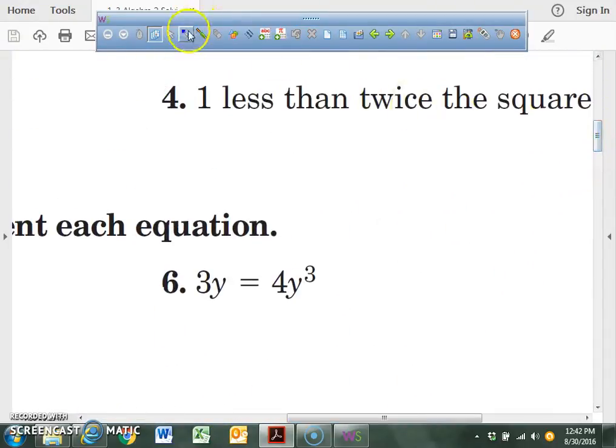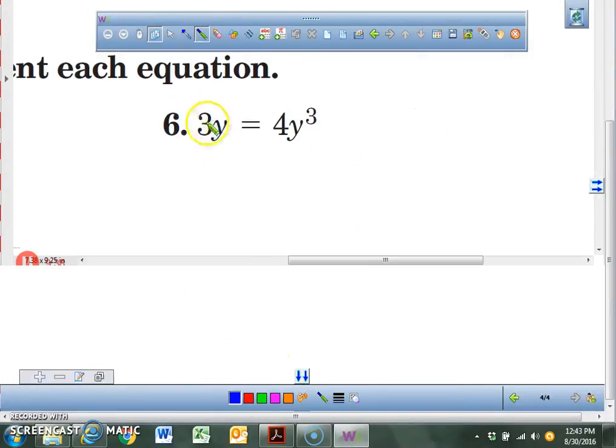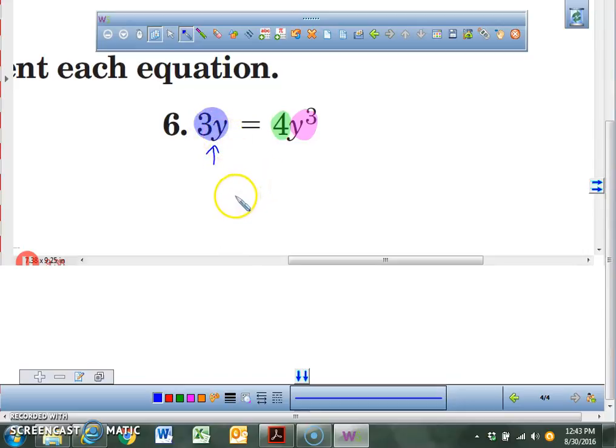We're going to move over to number 6. All right? And what I'm going to do is I'm going to highlight this part right here and this part right here. All right? So how would we describe in words what's happening between the 3 and the y? So what the 3 is 3 and 1.